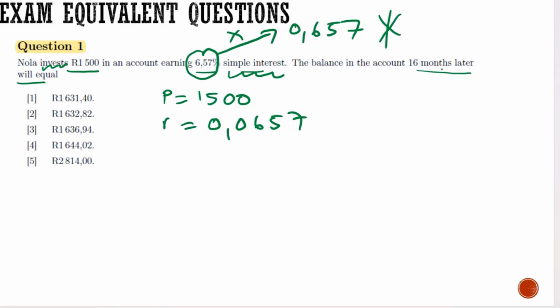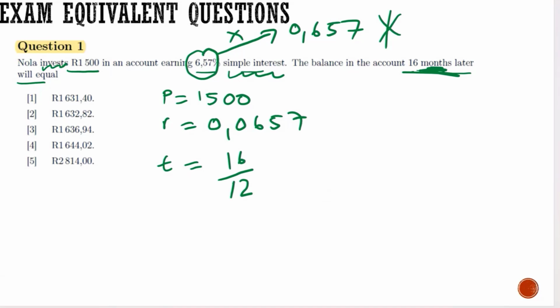And then the balance in the account, look at the time. The time is given in months. Once the time is not given in years, you take that 16 and you divide it by 12, which is 16 over 12.